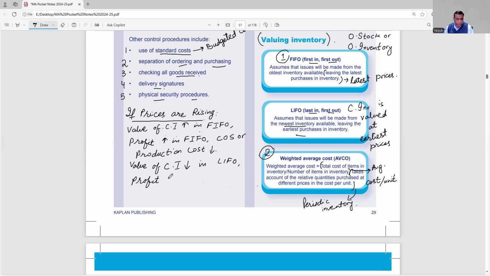So profit is also lowest. If profit is lowest, cost of sales or production cost will be highest. AVCO will remain in between FIFO and LIFO. So if prices are rising, this will happen.